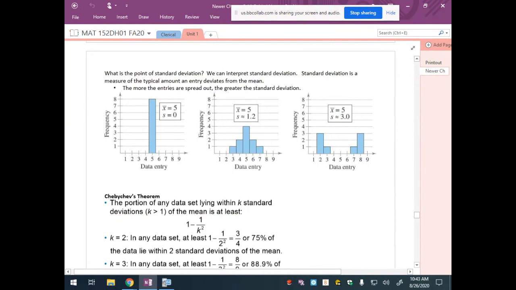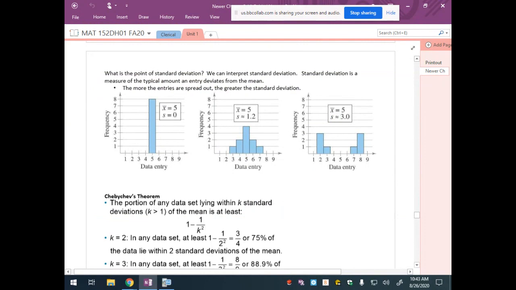All three of these data sets have the same mean. But one of these has a standard deviation of none. This data is a little bit more spread out, but this data is most spread.